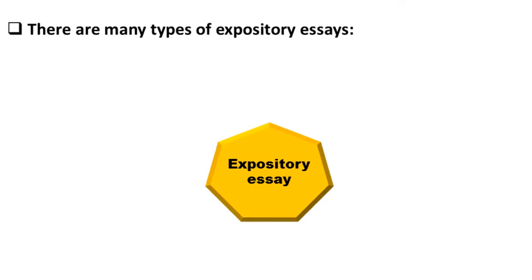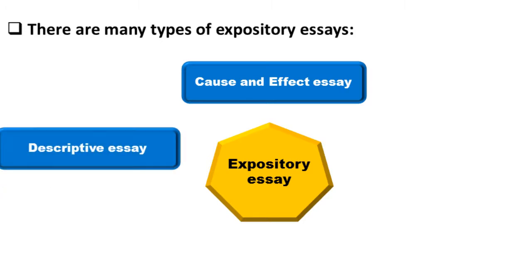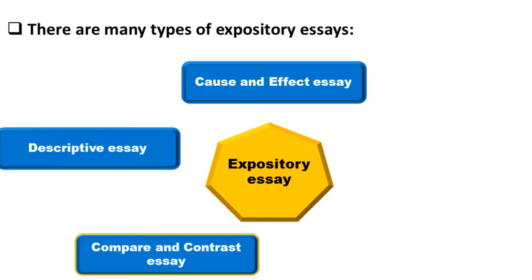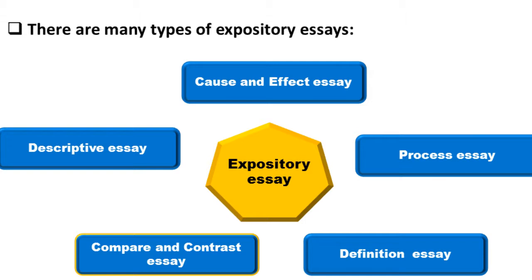There are many types of expository essays. One common type of expository essays is what we call cause and effect essay, descriptive essay, compare and contrast essay, definition essay, and process essay.